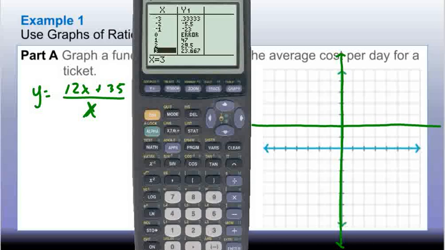So 1 and 47 would be, if we're counting by 6s, 6, 12, 18, 24, 30, 36, 42, 47 would be way up here. 2 would give us 29.5, 6, 12, 18, 24, 30, so roughly here.